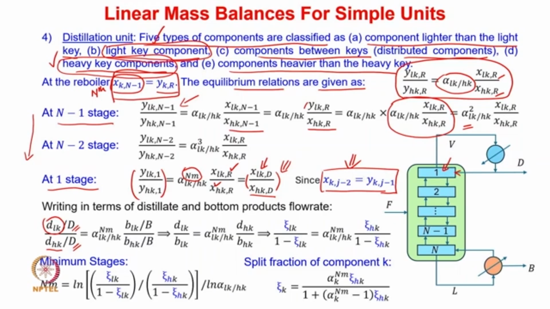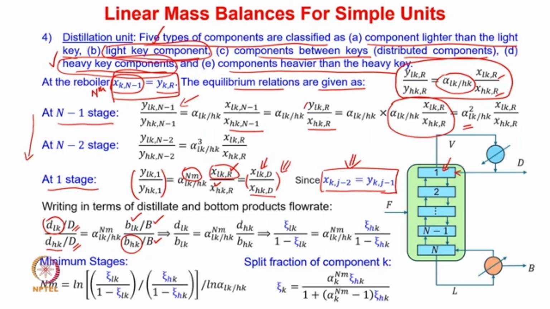Similarly x_lkR is the molar flow rate of the light key component in the bottom product divided by the total bottom product. Similarly x_hkR is the molar flow rate of the heavy key component divided by the total bottom product, isn't it? So now with this we can further simplify this equation as DLK by BLK, and that is given as alpha_lk/hk raised to the power Nm into DHK by BHK.